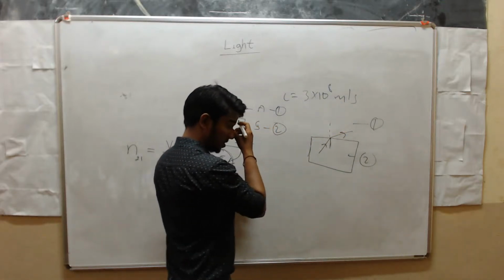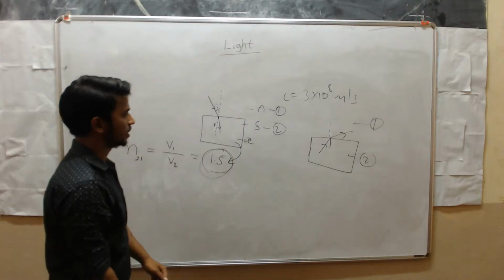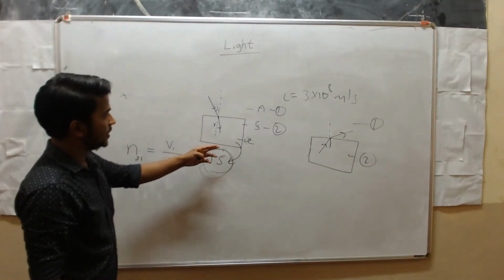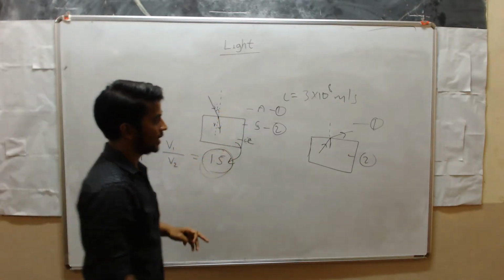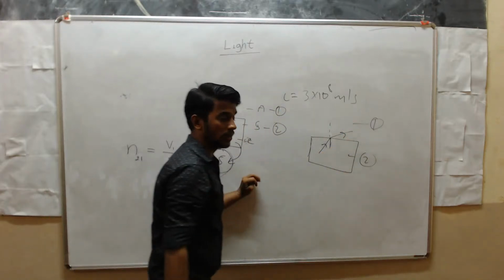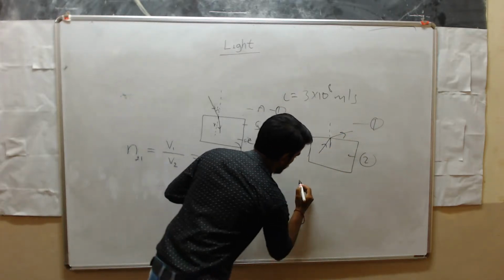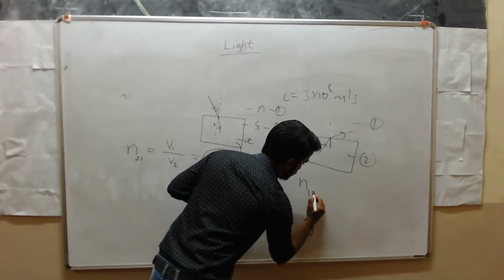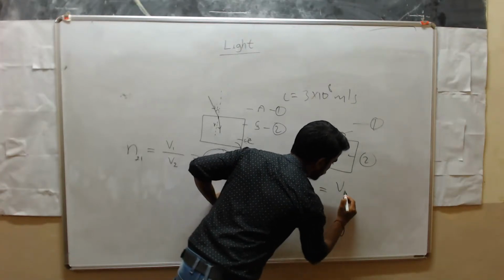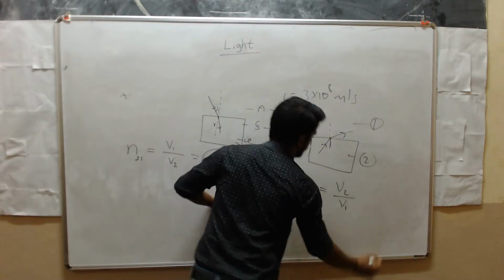Okay. Now see here. Here our ray of light is traveling from medium 1 to 2, and here medium 2 to 1. So now here we can write this expression as n12 equal to V2 divided by V1.